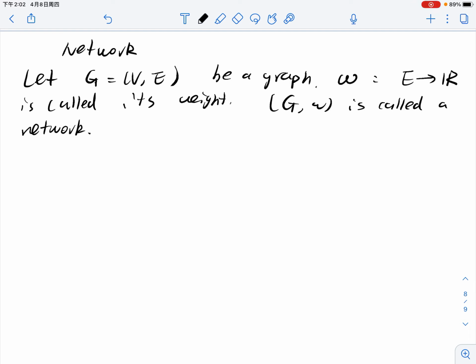Actually, different textbooks might have different notions, and the notion I mention here is also different from our textbook, because the textbook uses a directed graph or weighted graph. Weighted graph is not a common terminology nowadays. And the thing he called the net graph, probably it's better to call the directed graph or whatever.